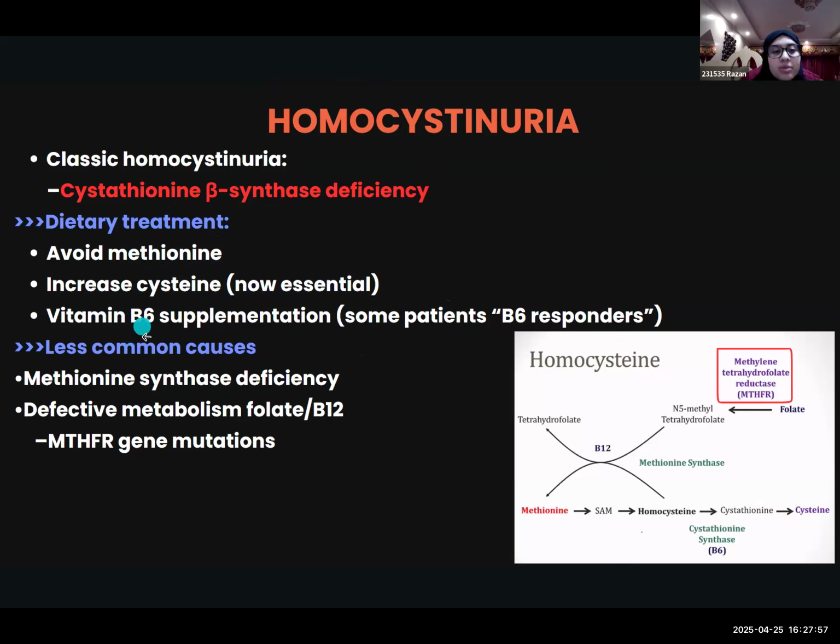Also, you can supplement them with vitamin B6, and these patients showed that they respond better than those who are not getting vitamin B6 alongside the treatment.